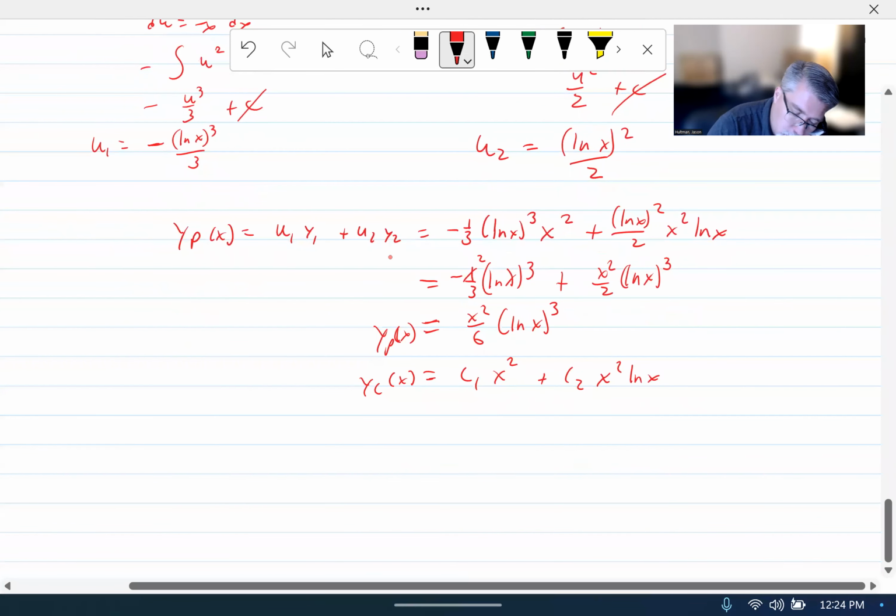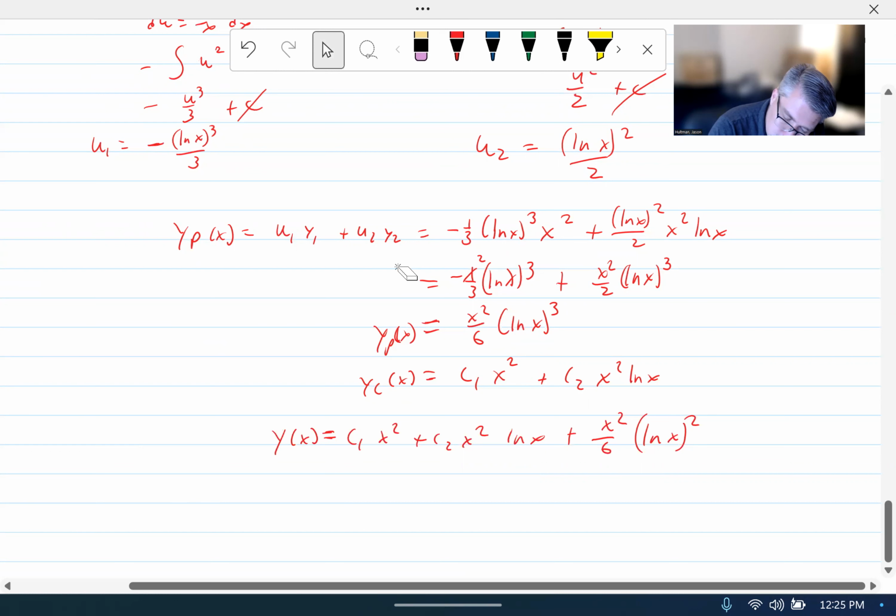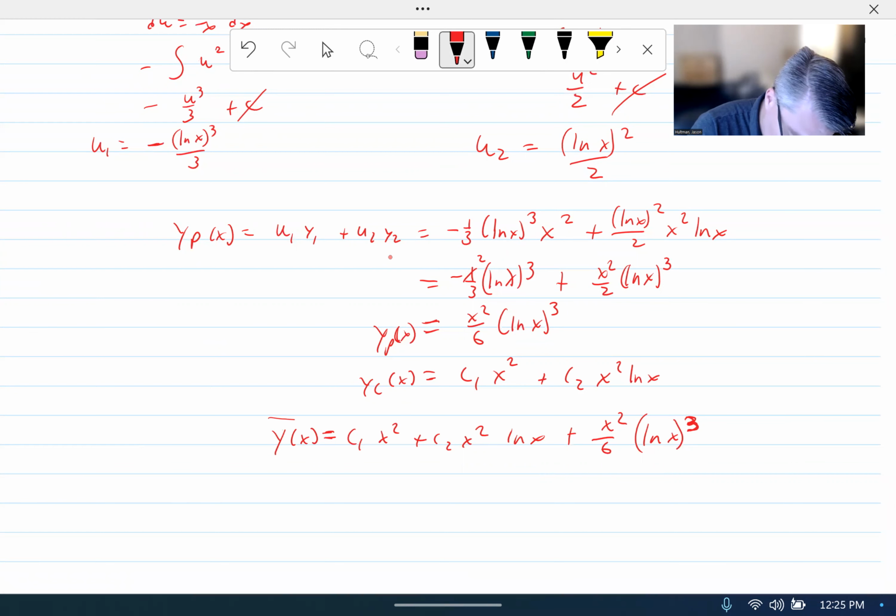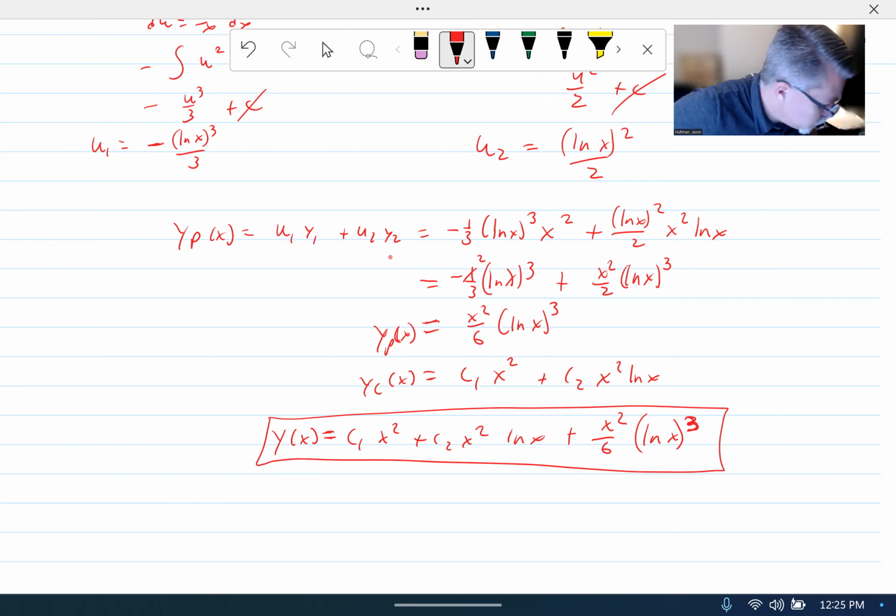And so putting these two together, we get y of x is equal to c1 x squared plus c2 x squared natural log of x plus x squared over 6 times the natural log of x cubed. And that's the solution.